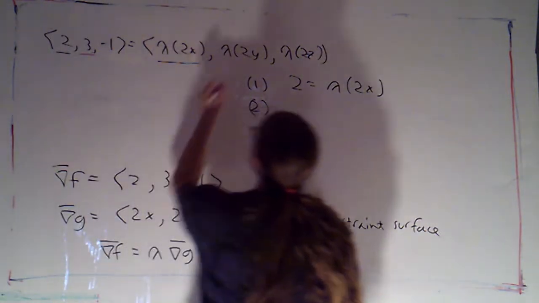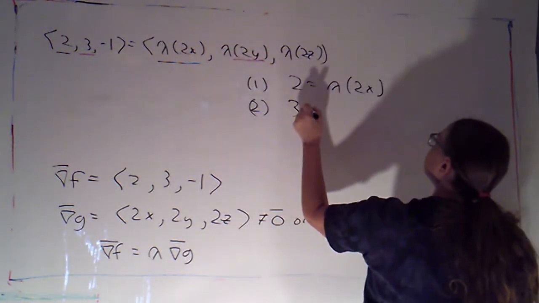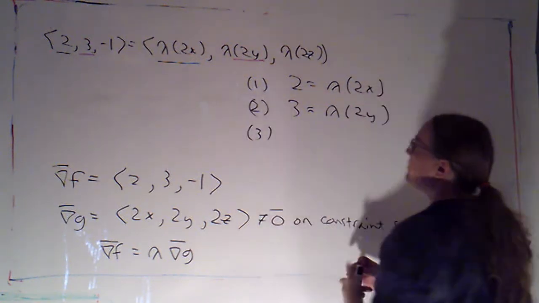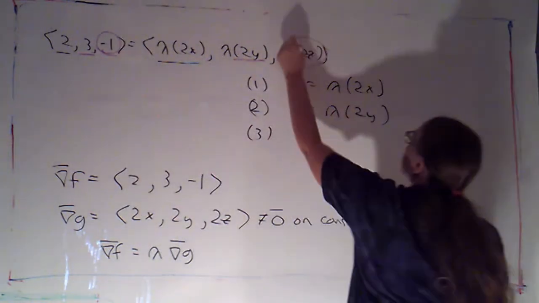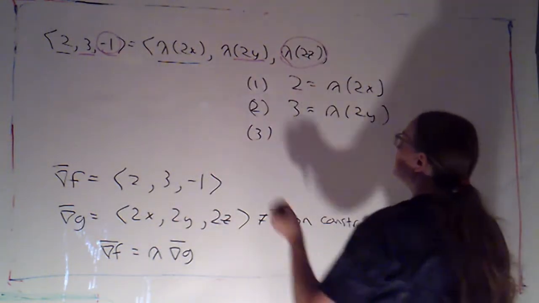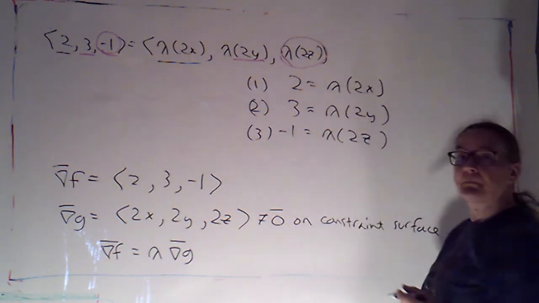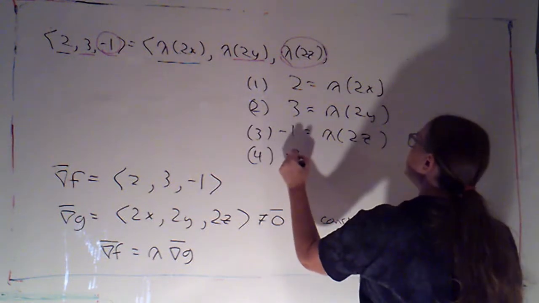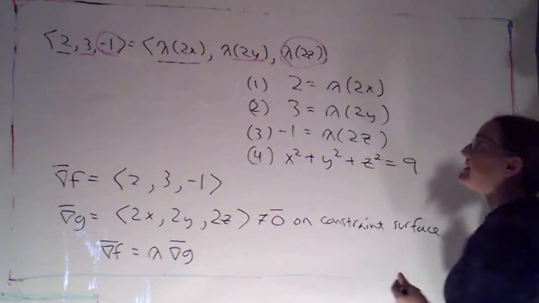So 3 will equal lambda times 2y. My third equation will tell me that my third components need to be equal. So negative 1 will equal lambda times 2z. And then my fourth equation is the constraint equation, x squared plus y squared plus z squared is equal to 9.